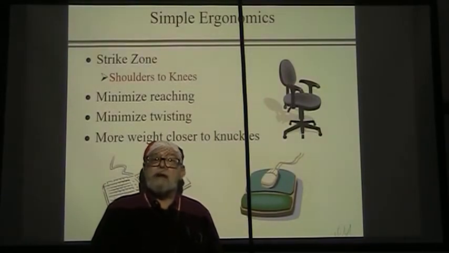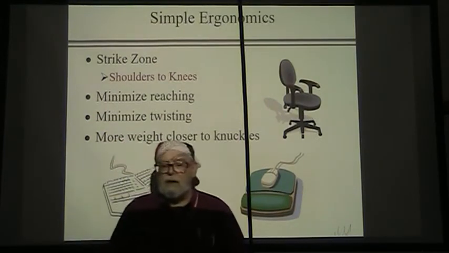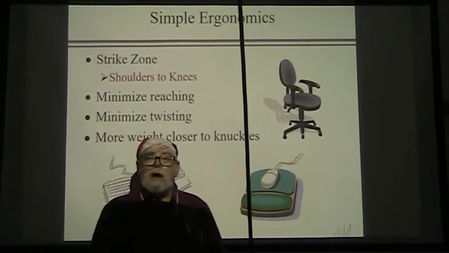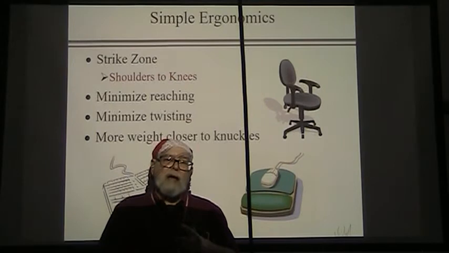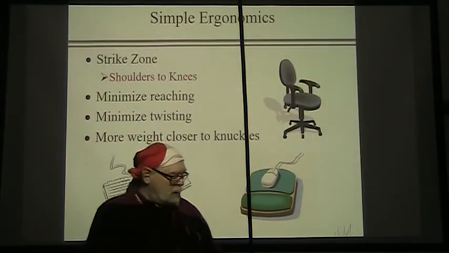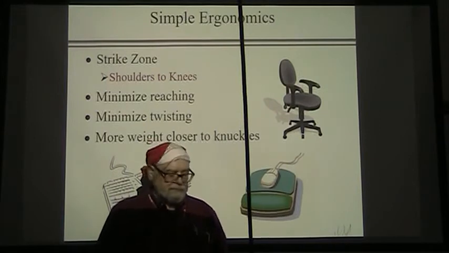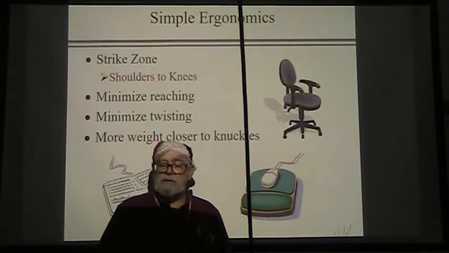So we want to minimize the amount of having to reach way out to get something, or minimize the twisting that we have to do our job. The more something weighs, the closer we want it to knuckle height. In other words, where your knuckles naturally fall when your arms are down by your sides.